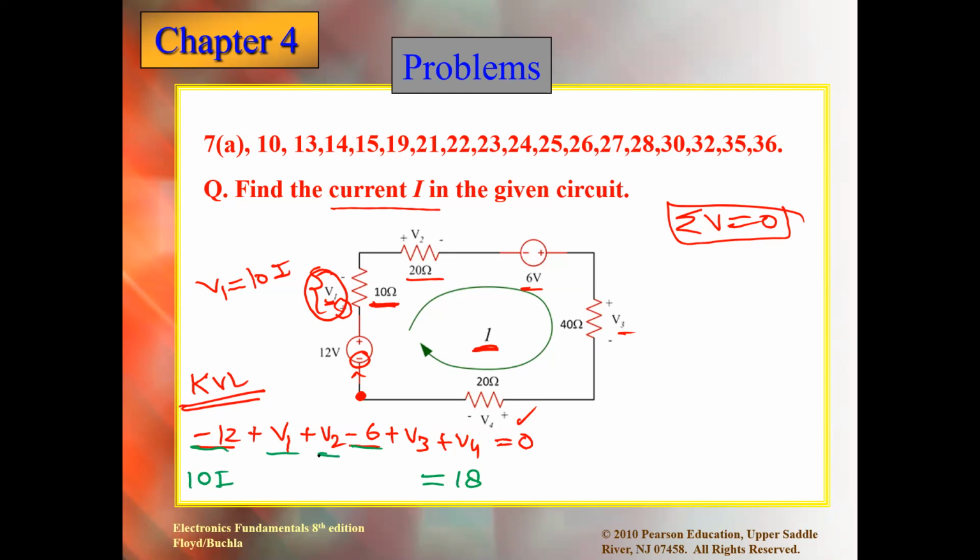Similarly, what is the value of V2? 20I. Then what is the value of V3? 40I. Not 40 ohm, V cannot be ohm.